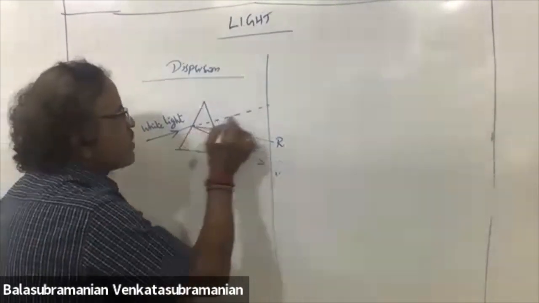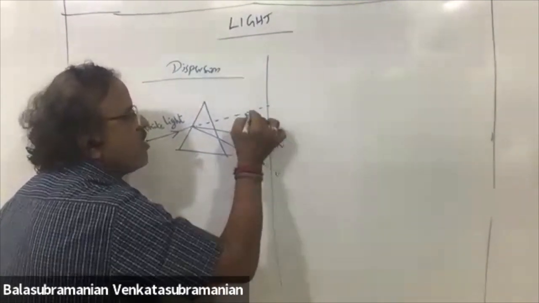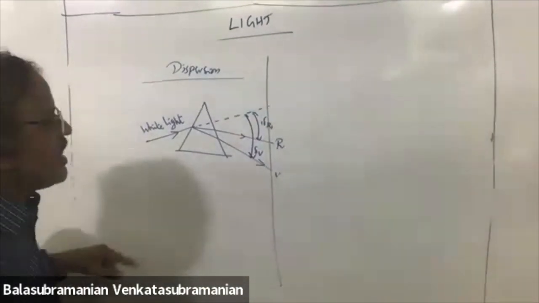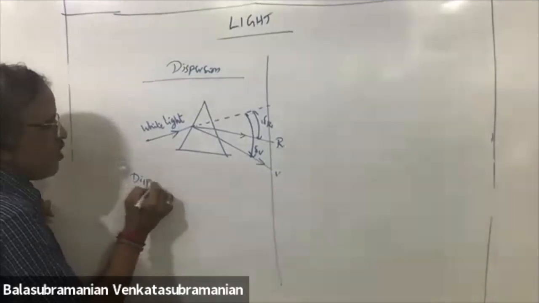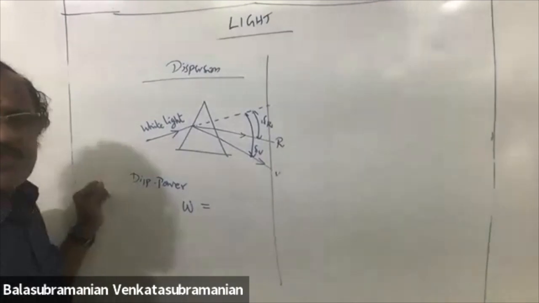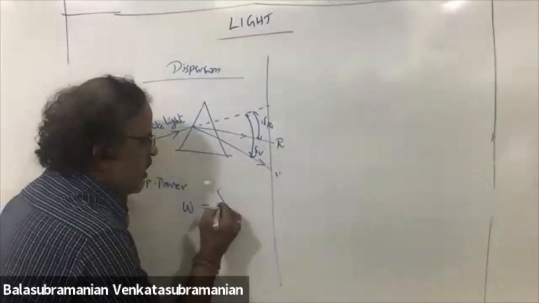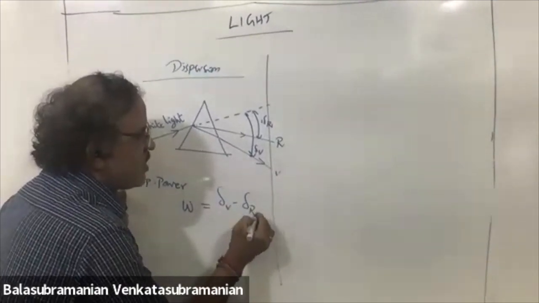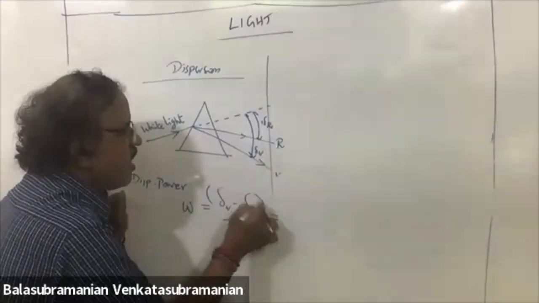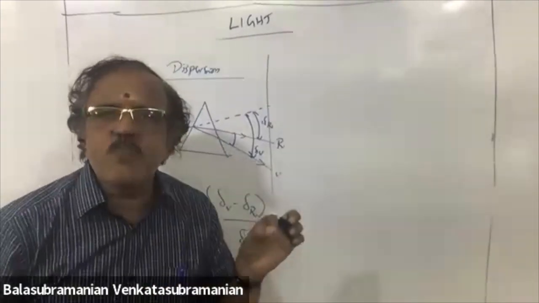So, from the actual path, this we can call delta V, and this we can call delta R. The dispersive power, represented by omega, has the formula (delta V minus delta R) by delta. The difference of these, delta V minus delta R, we call angular dispersion.